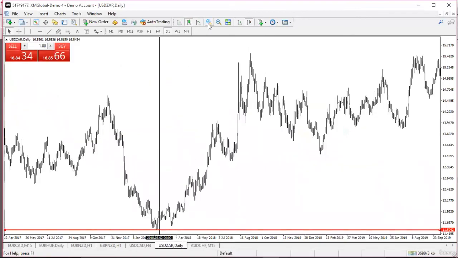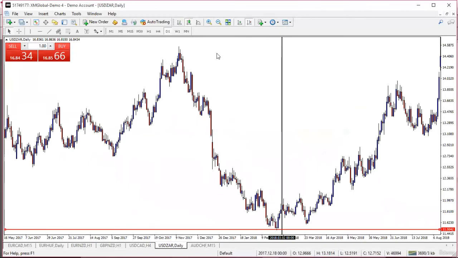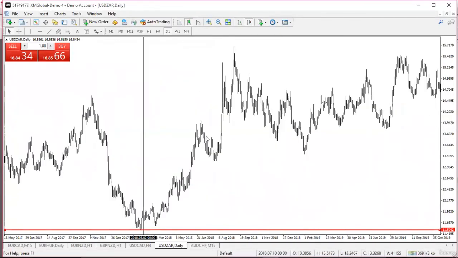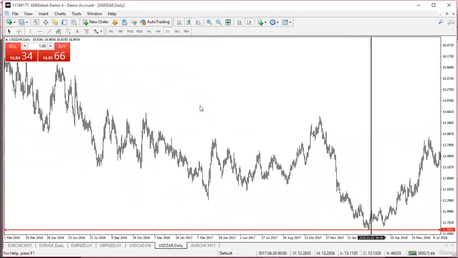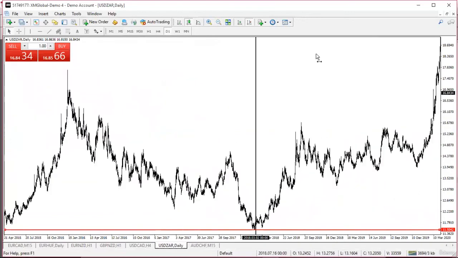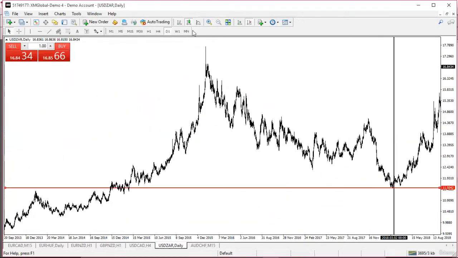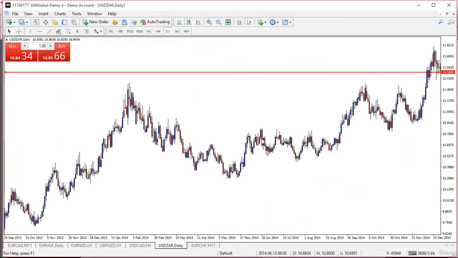USD is a double bottom in a downtrend. It's reacting to a previous, reacting to this.